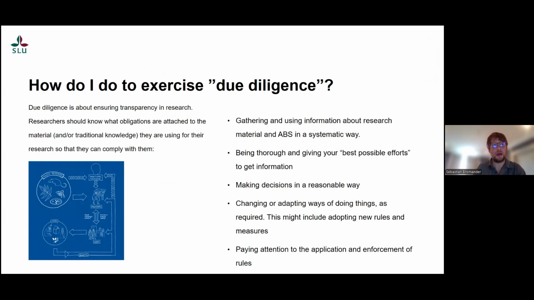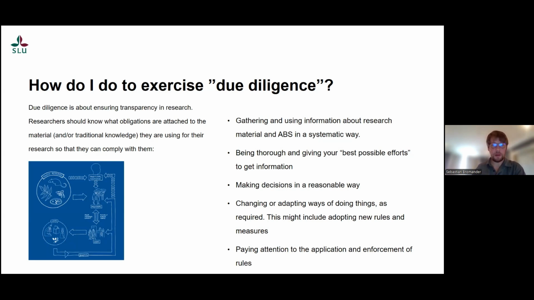But I try to think of it like this: you should really do your best possible effort to find out what the rules are in the country that we are bringing the genetic material from. And that is sometimes easier, sometimes a bit more difficult. But I will very soon show you how I would approach it.